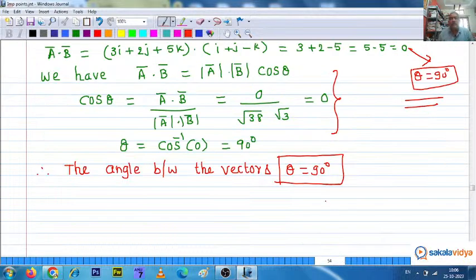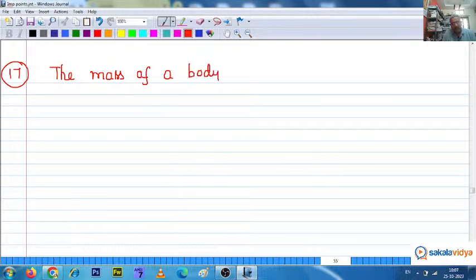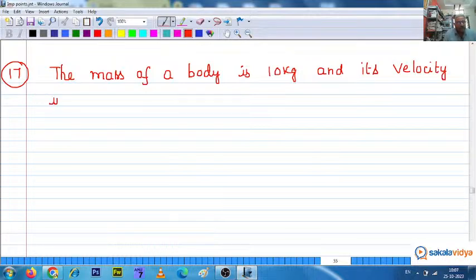Let us move to the 17th problem. The mass of a body is 10 kg and its velocity is 2i minus j plus 3k.